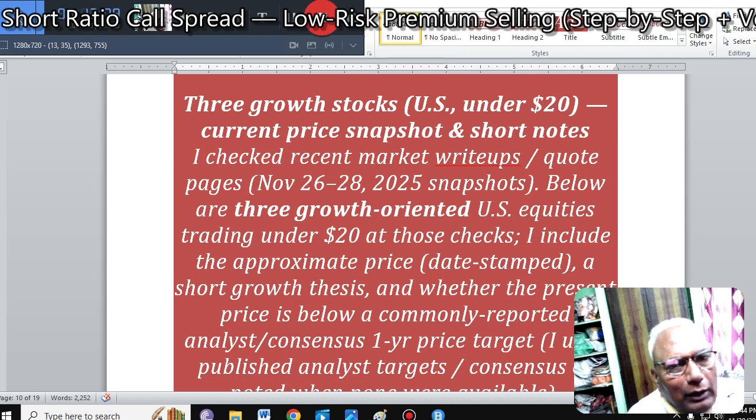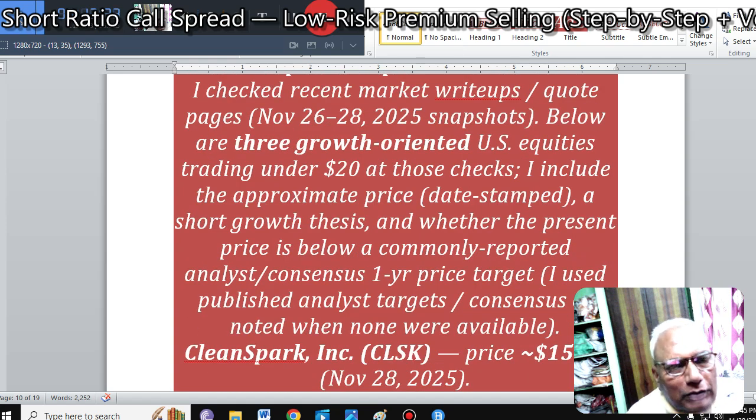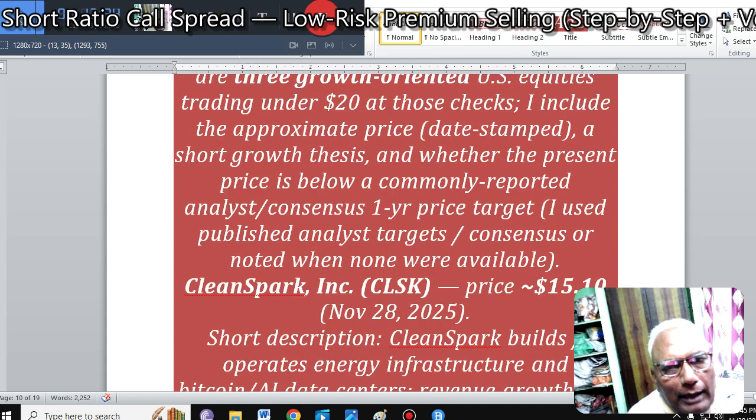Below are 3 growth oriented US equities trading under $20 at those checks, including the approximate price data stamp, a short growth thesis, and whether the present price is below a commonly reported analyst consensus 1-year price target. I used published analyst targets, consensus, or noted when none were available.